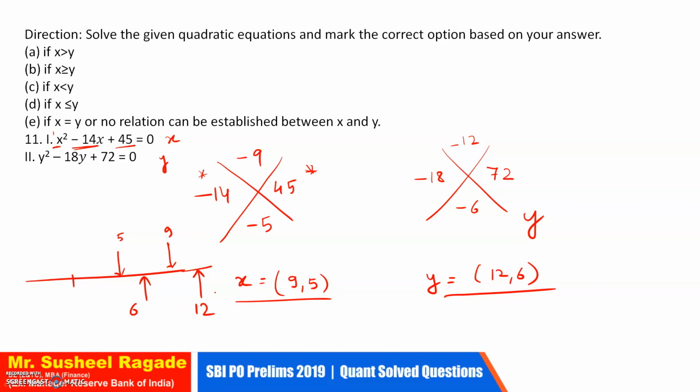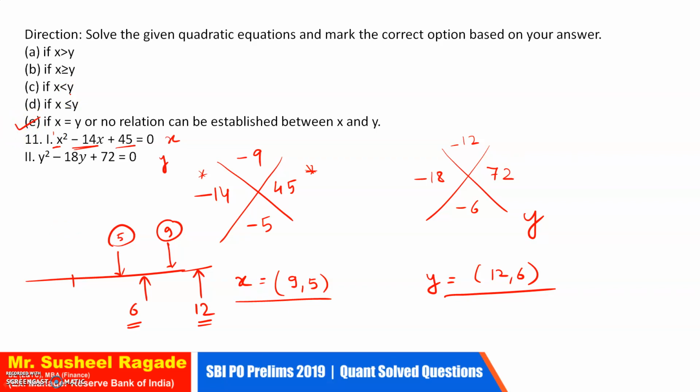When one value is in between two values of the other variable, then there is no relation between these two numbers. Here 9 is in between 6 and 12, so the answer of this question is no relation.